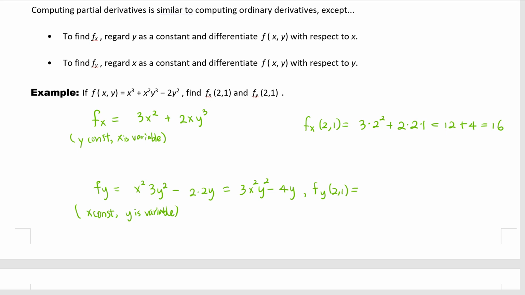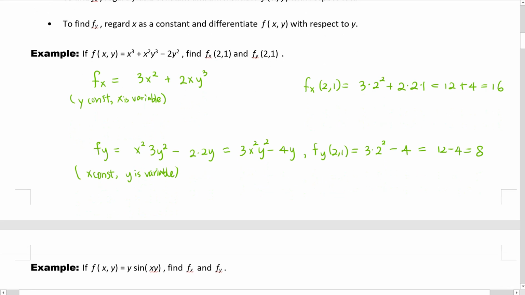And at the end, you play the video and check your answers. Okay, 3x squared, so 2 squared, but y is 1, minus 4. Well, that's 12 minus 4, which is 8. So far, so good, everybody. Let's continue.